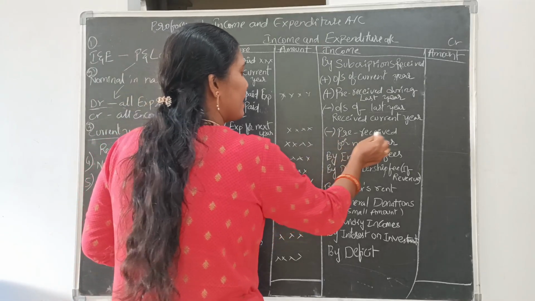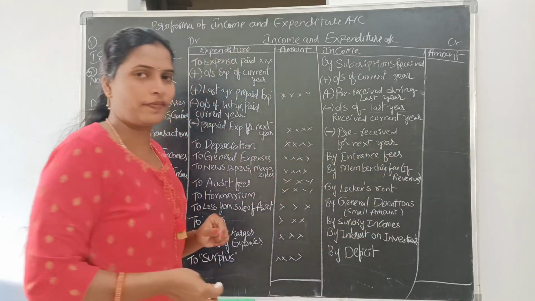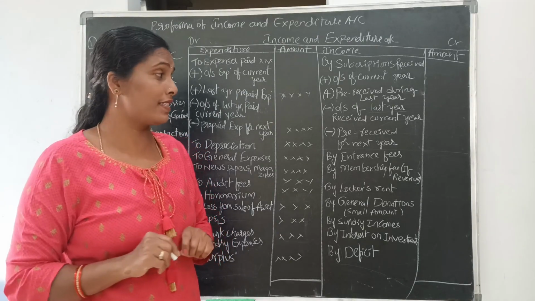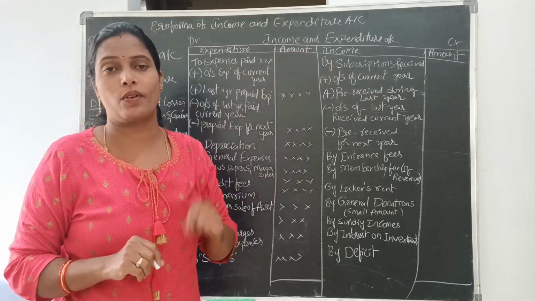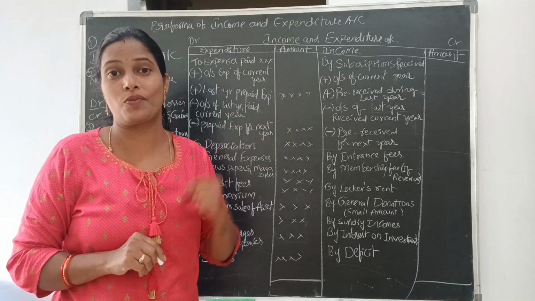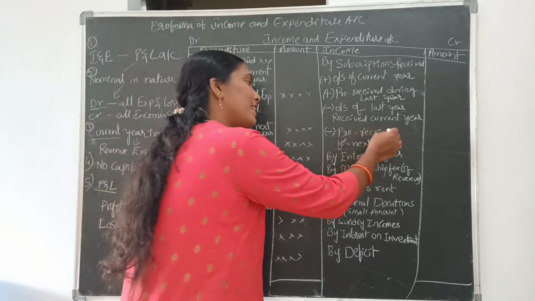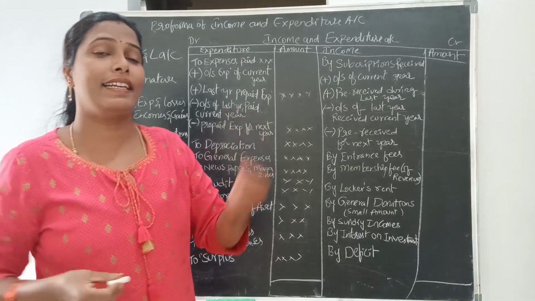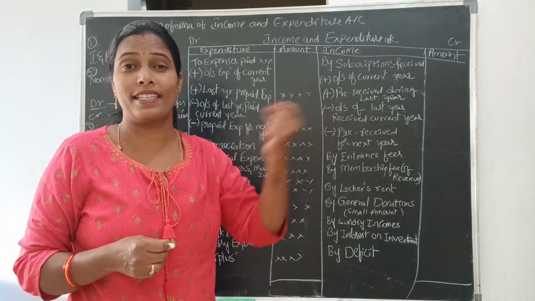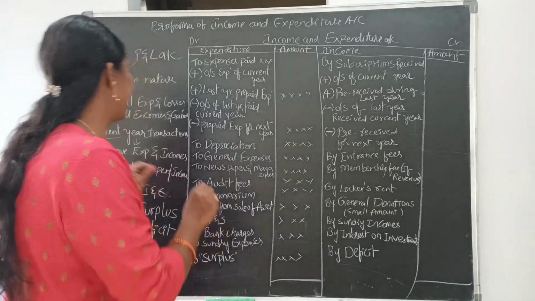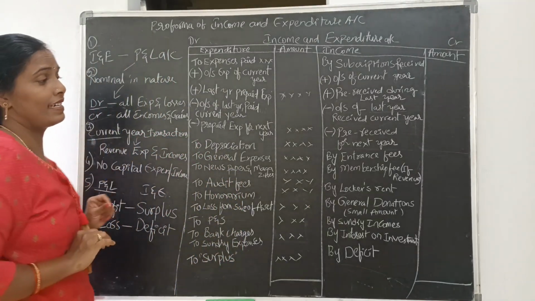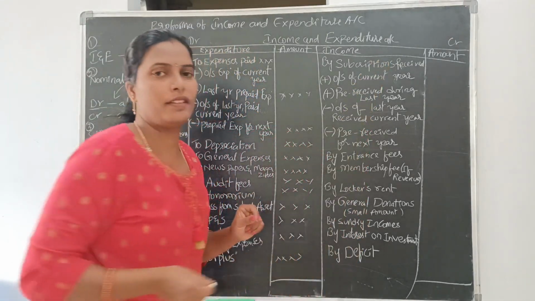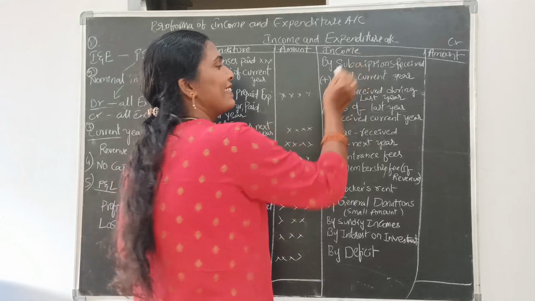And pre-received for next year: this year is 2024 and we received for next year, which is 2025. So we won't post previous year and we won't post next year transactions. Only current year transactions we post. So simply deduct from the concerned receipts.